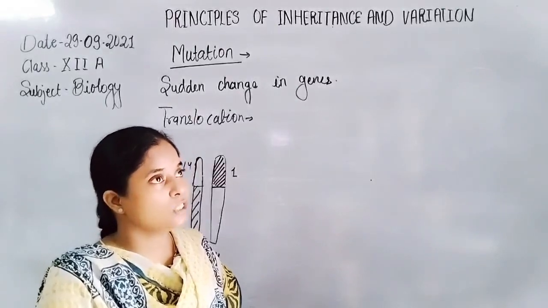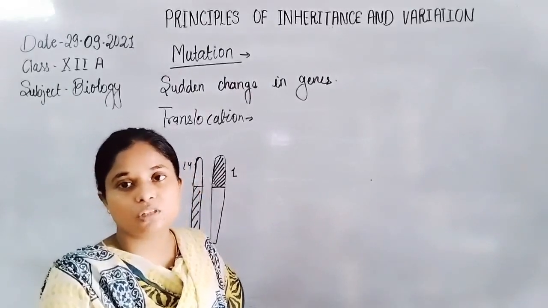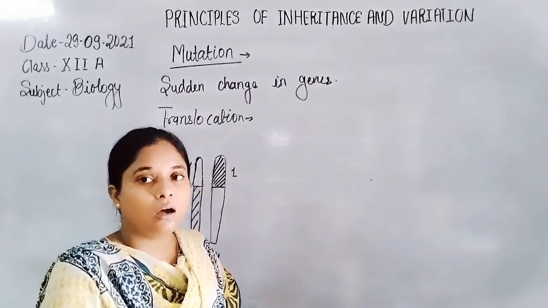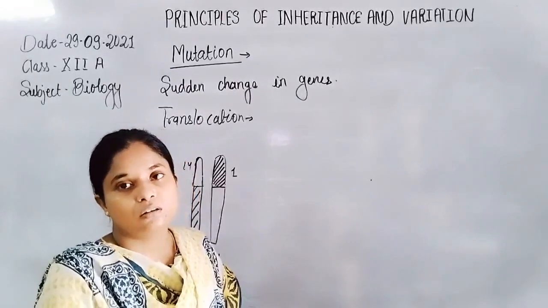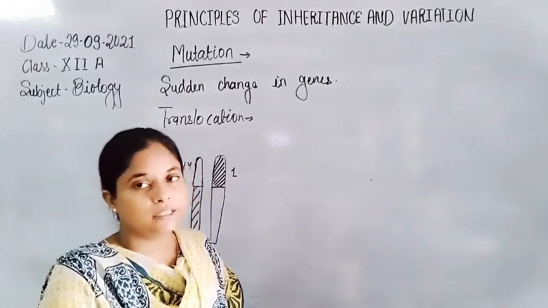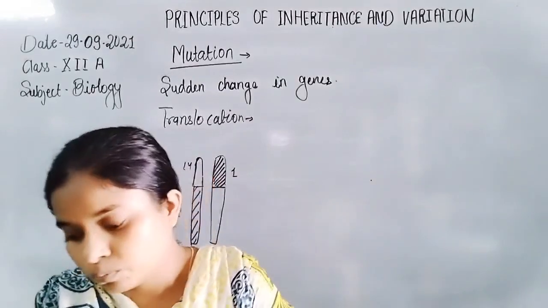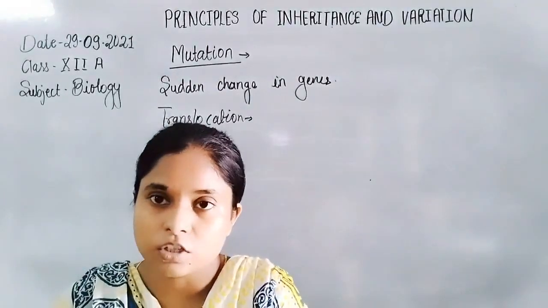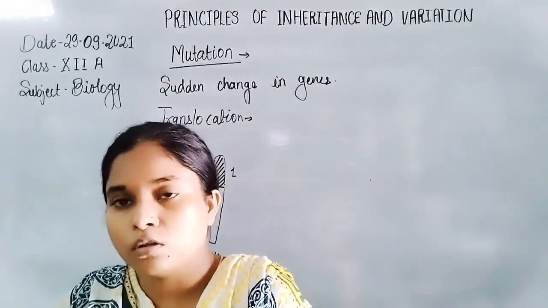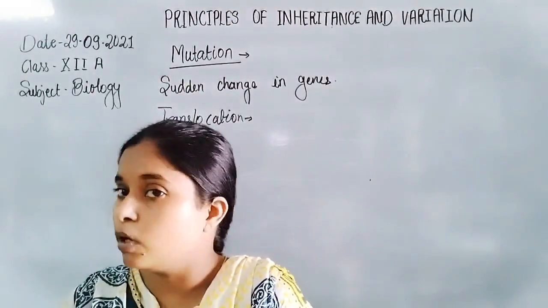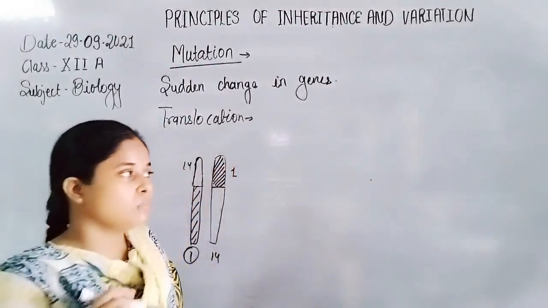Now other mutations are the chromosomal mutations. These are included in chromosomal disorders, where the whole set of chromosomes is affected by the mutation. That means either the individual has one whole extra chromosome, or lacks one whole chromosome, as in the case of Klinefelter syndrome, Turner syndrome, and Down syndrome.